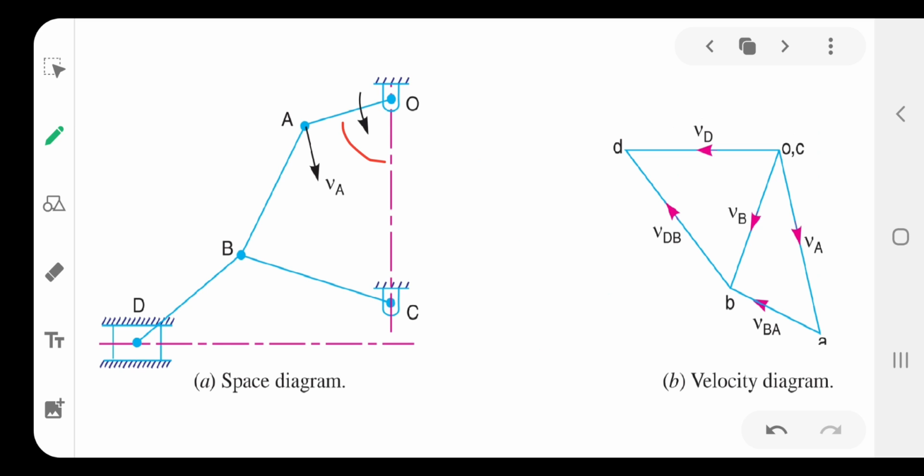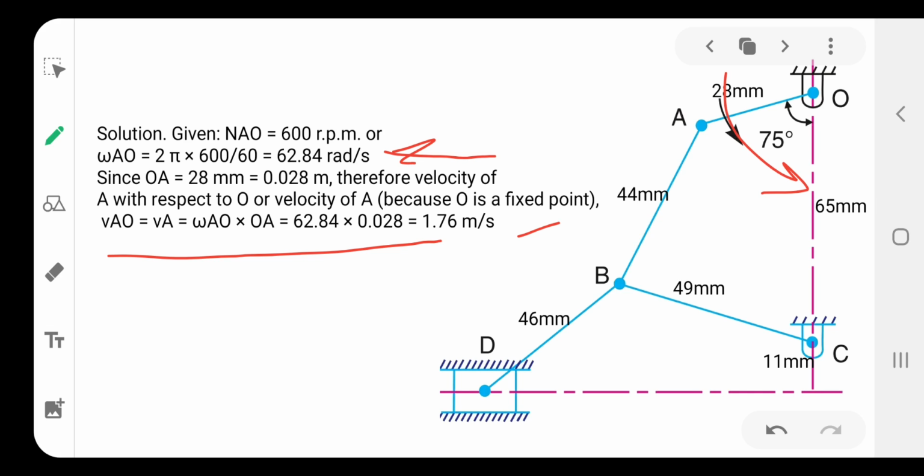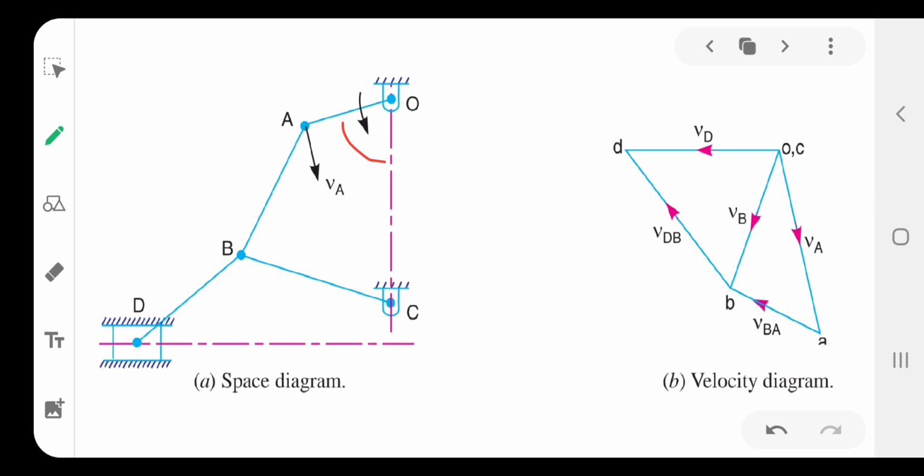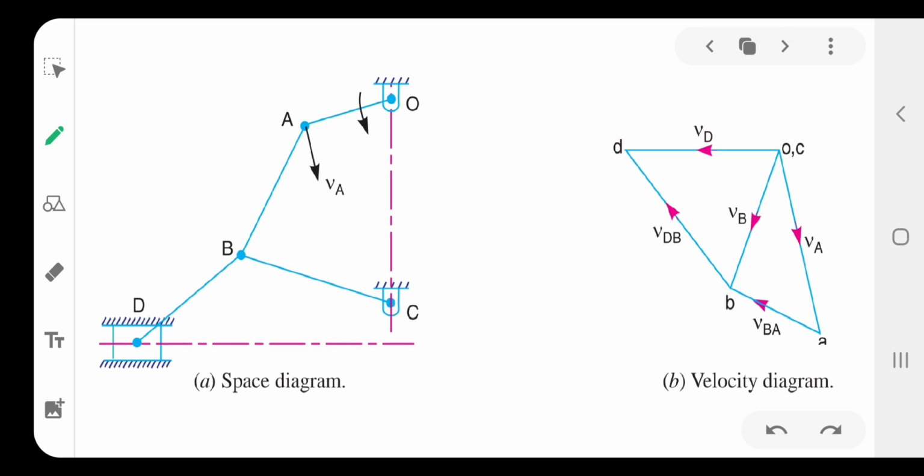Then draw a length OA equal to 28 mm: select this distance in a compass and mark point A from point O. After that take a distance AB equal to 44 mm in a compass, and from point A draw an arc for B.